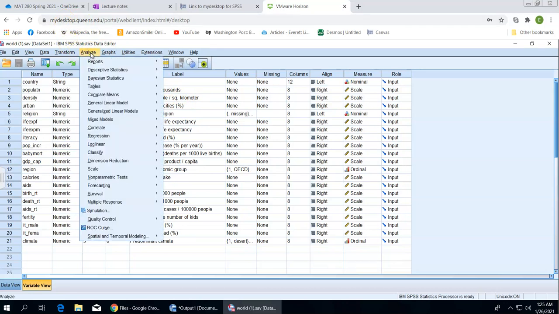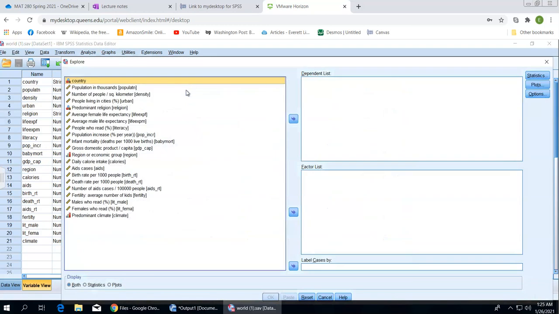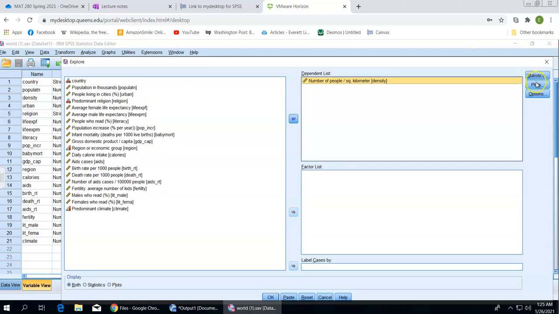And the way you get your normal probability plot is under Analyze, Descriptive Statistics, Explore. So exactly where we've been going. We are going to move our variable over to the dependent list.